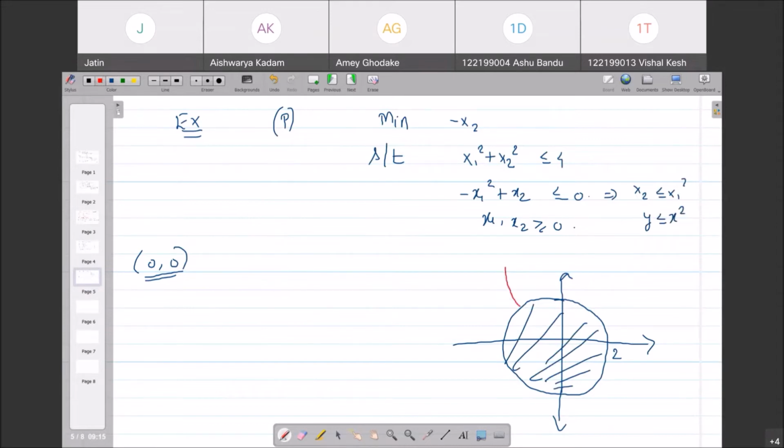So this is y = x², the graph of y = x². Y ≤ x² means what? The interior part or the exterior part of the parabola? Interior. So this is the region.